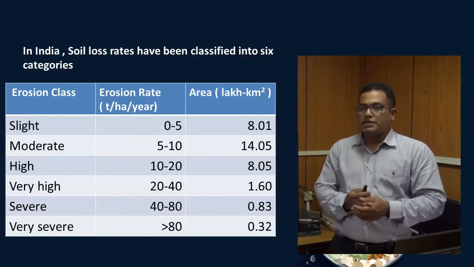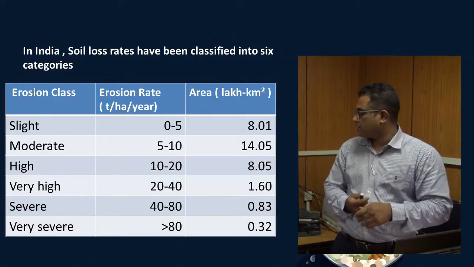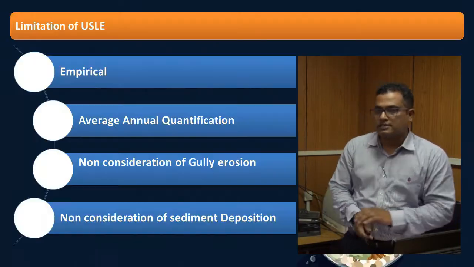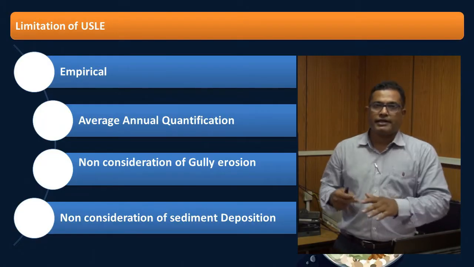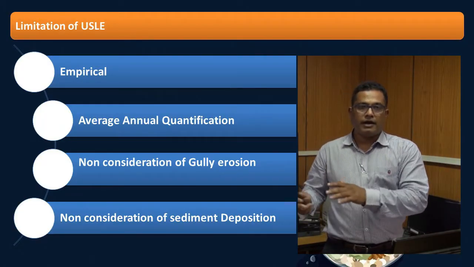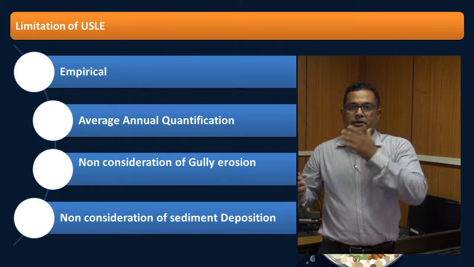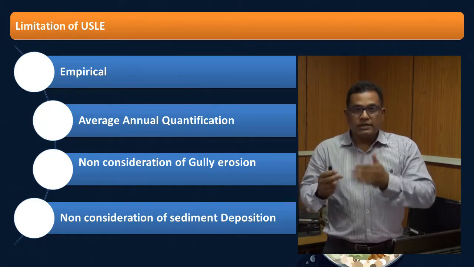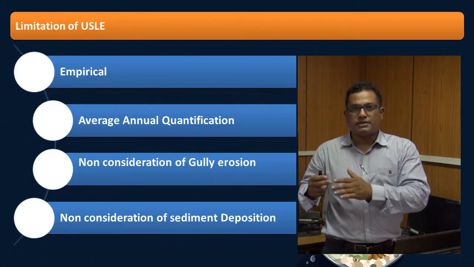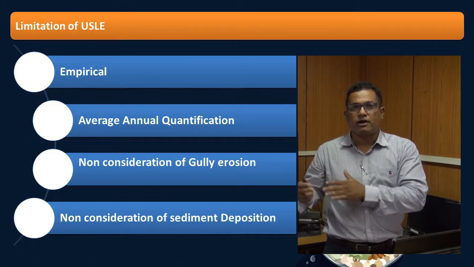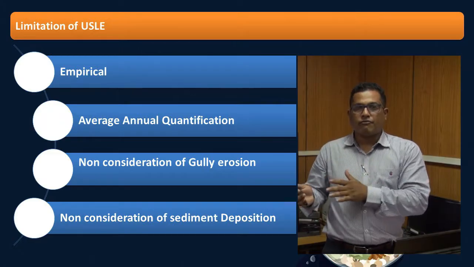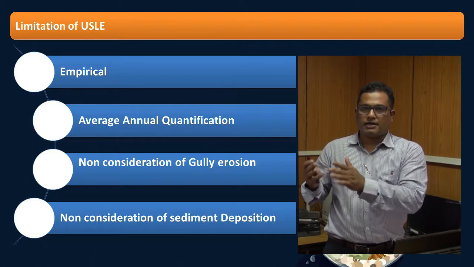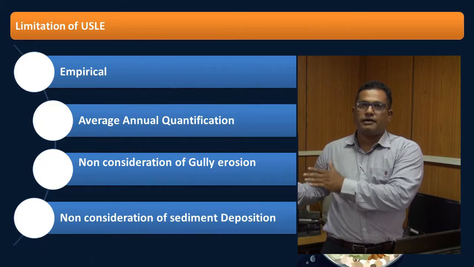There are certain limitations of the universal soil loss equation. The first limitation is that it is empirical. It is based upon field experiments, on modeling or runoff simulators of a particular field, and it has been compared with some standard fields.